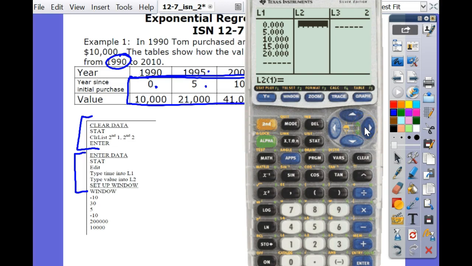Okay, and then enter the 10,000 into the calculator in the L2 column, and the 21,000 and 41,000, 82.